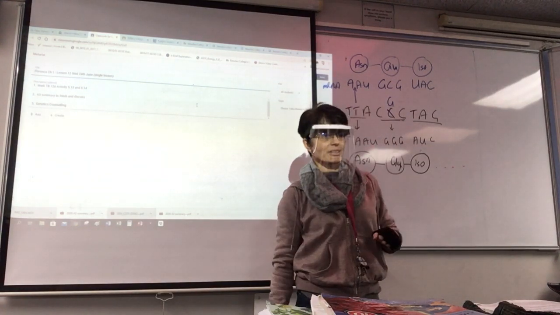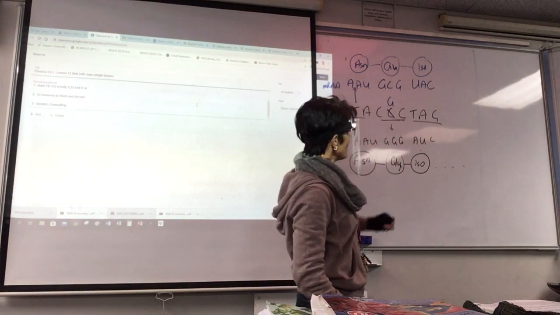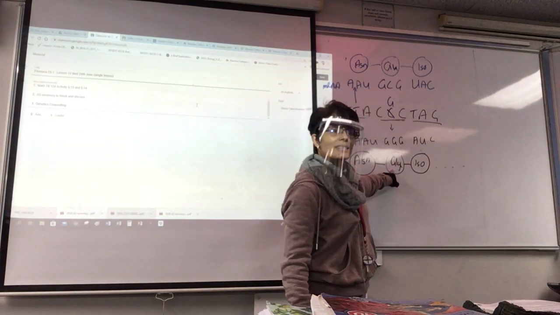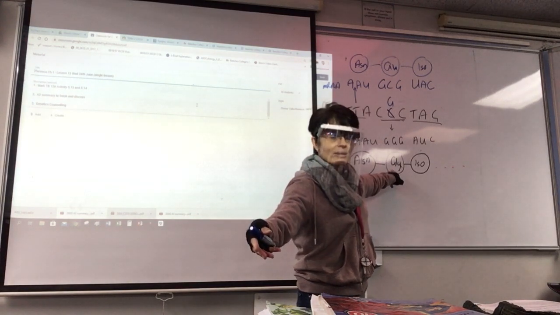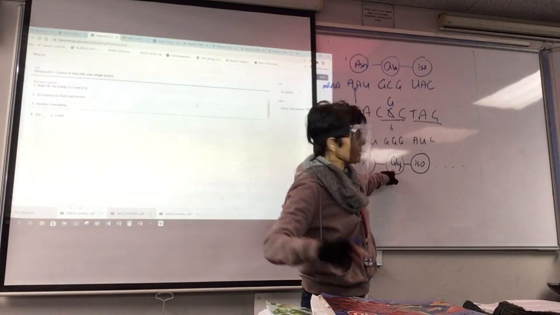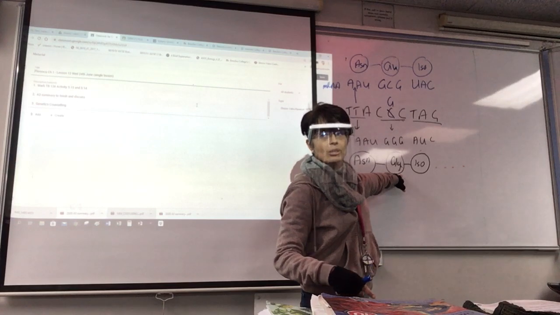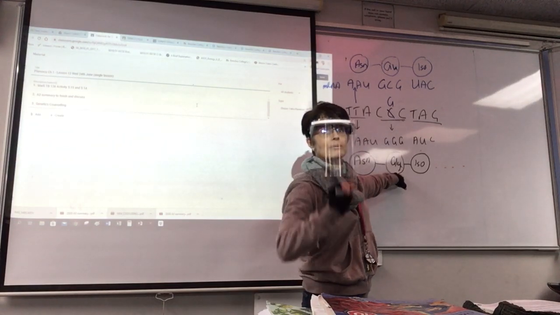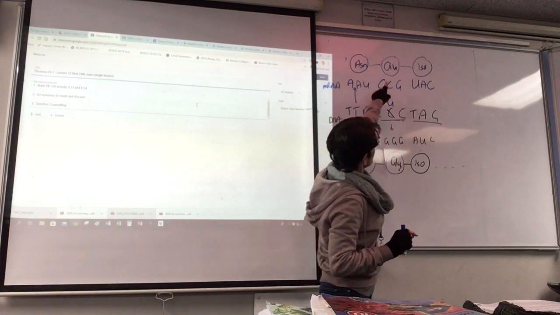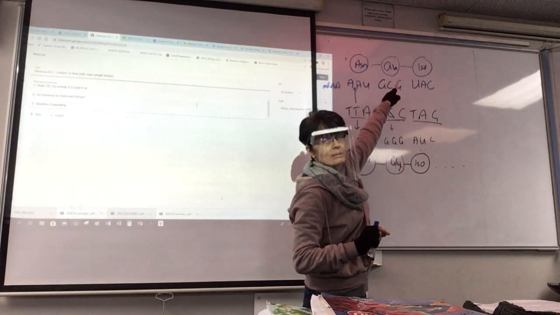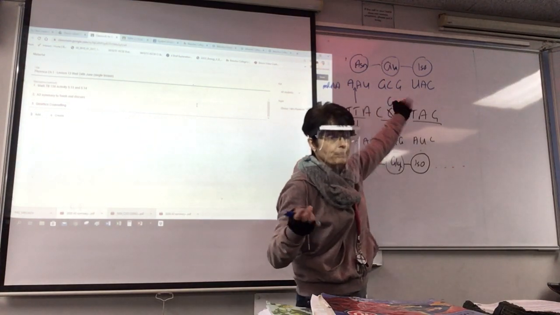It's called the wobble hypothesis, but we're not going to worry about that. If the correct amino acid is brought in by a different tRNA, because the anticodon is slightly different, it might not have an effect on the protein. At grade 12 level, we say that, because it's still the same amino acid. But now the wrong amino acid is brought in, so maybe it doesn't work.